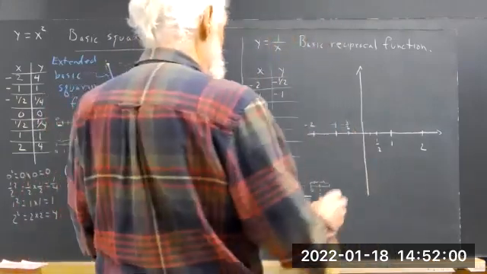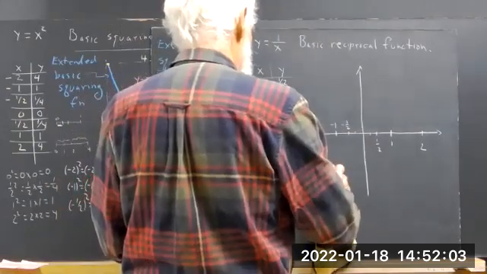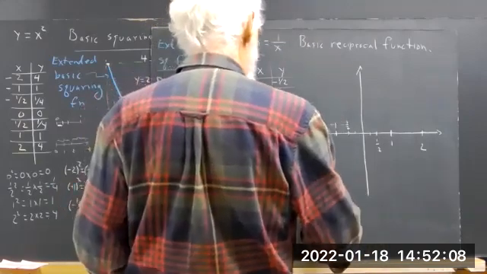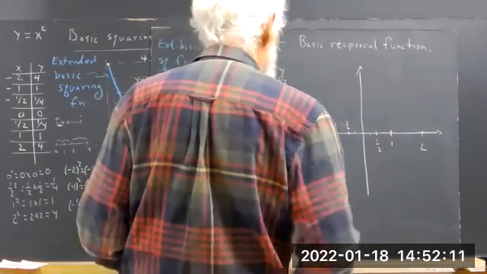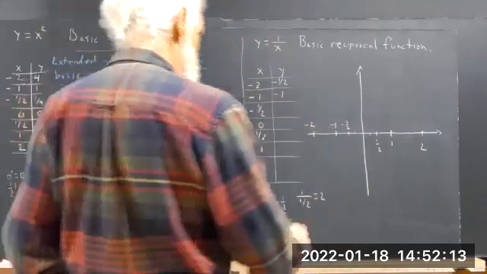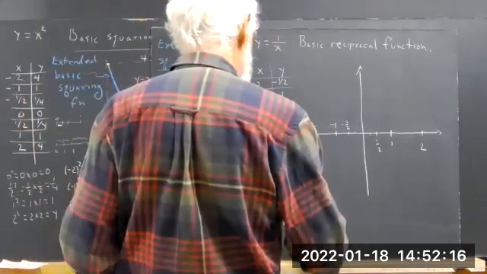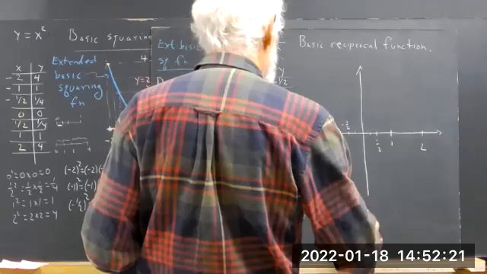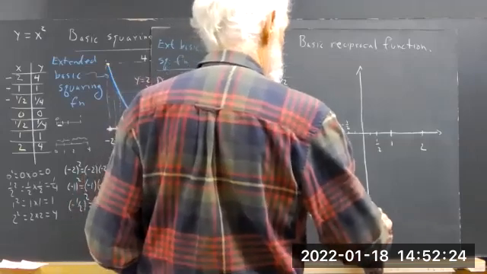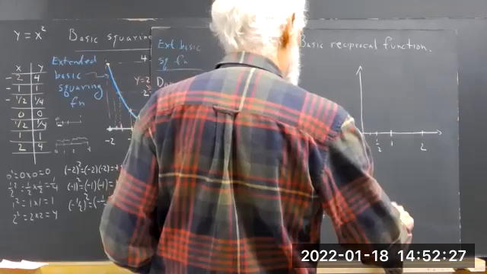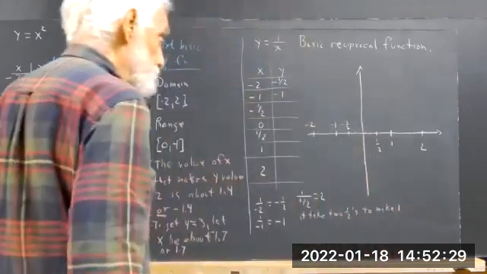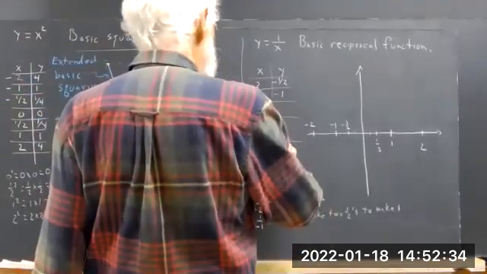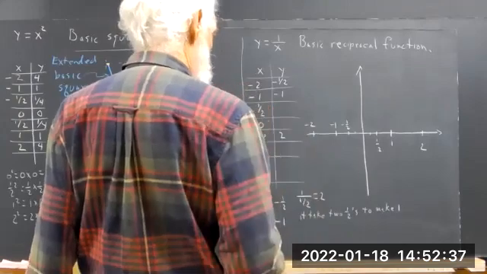I'm not going to leave that on the board. It's in the way of the next thing I want to write, which is the value of 1 over 1/2. That's 2, because it takes 2 halves to make 1. That's what division means. So here we get 2.